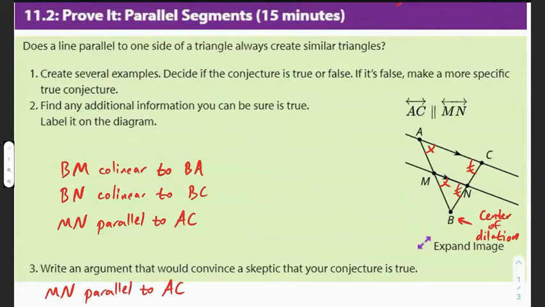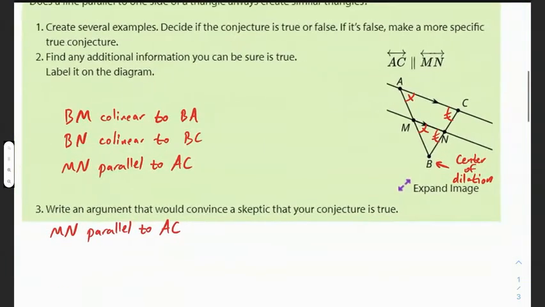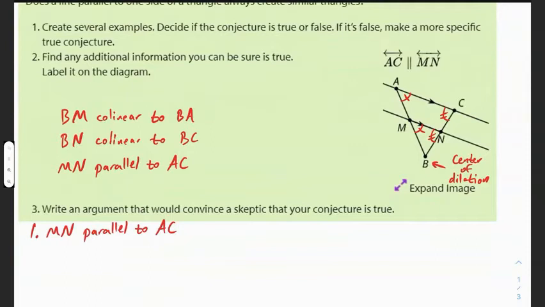So that does give us angle-angle. So, one, MN is parallel to AC. That was given.